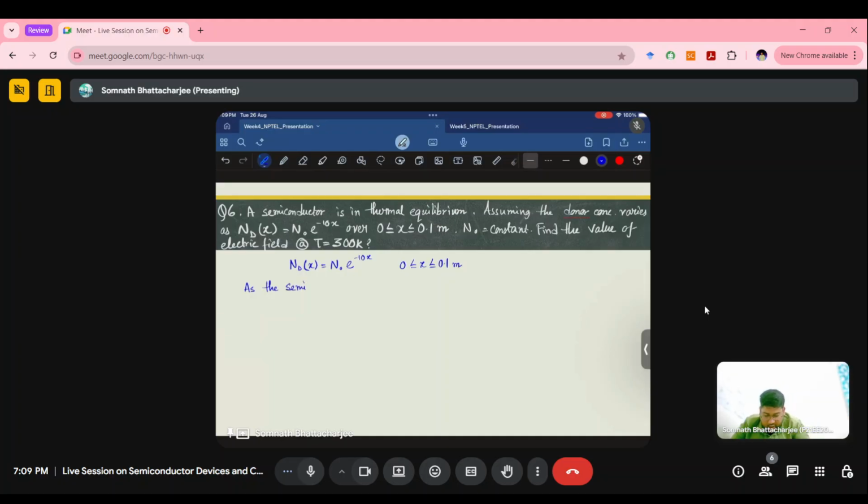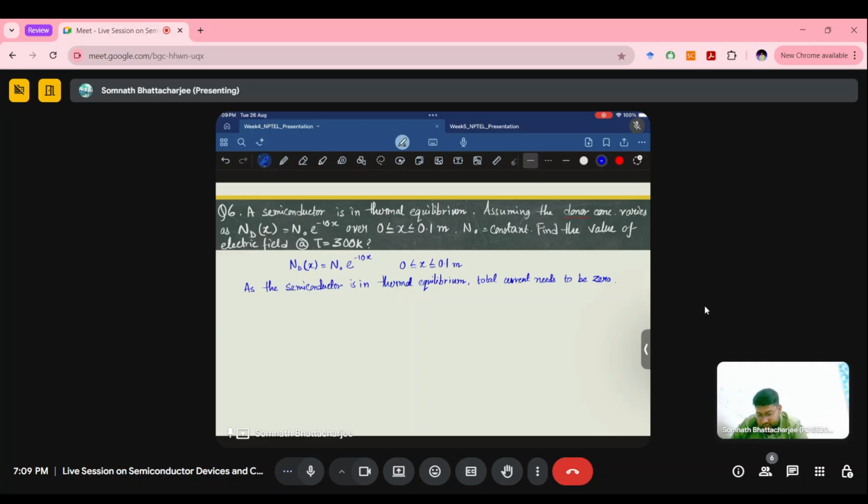As the semiconductor is in thermal equilibrium, the total current needs to be zero.